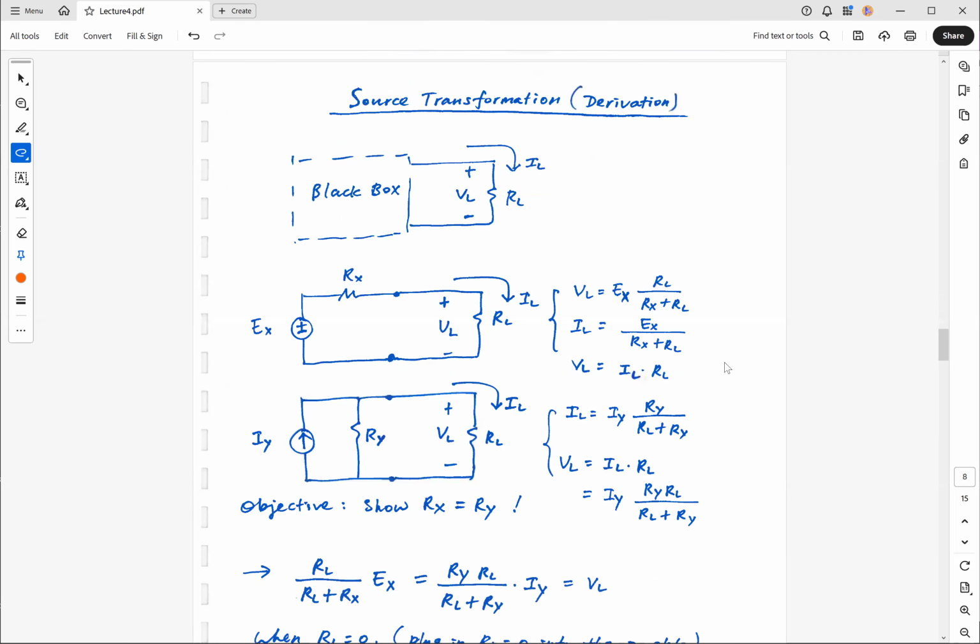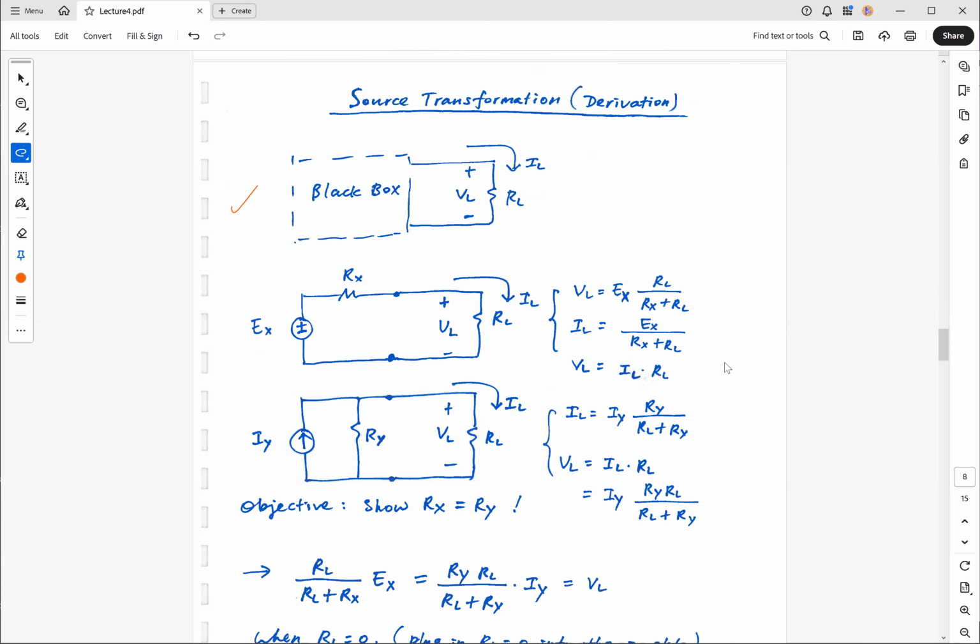Next, I wanted to show you a simple derivation to illustrate how you can correctly use this technique. There's one very important rule that you have to follow when you apply this technique. So what is shown here is I have this black box.